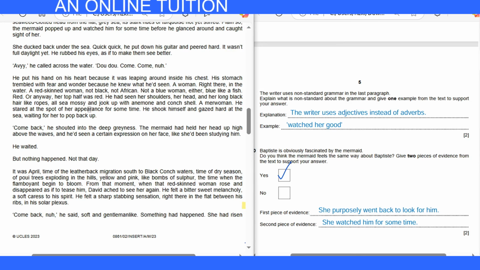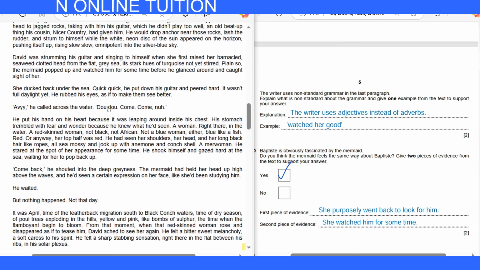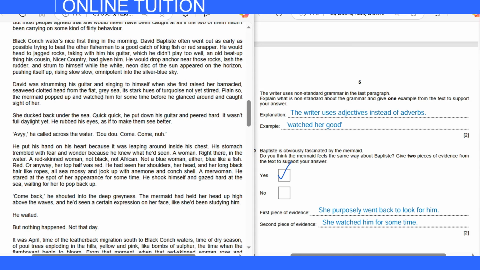That is in the first encounter. The mermaid popped up and watched him for some time.